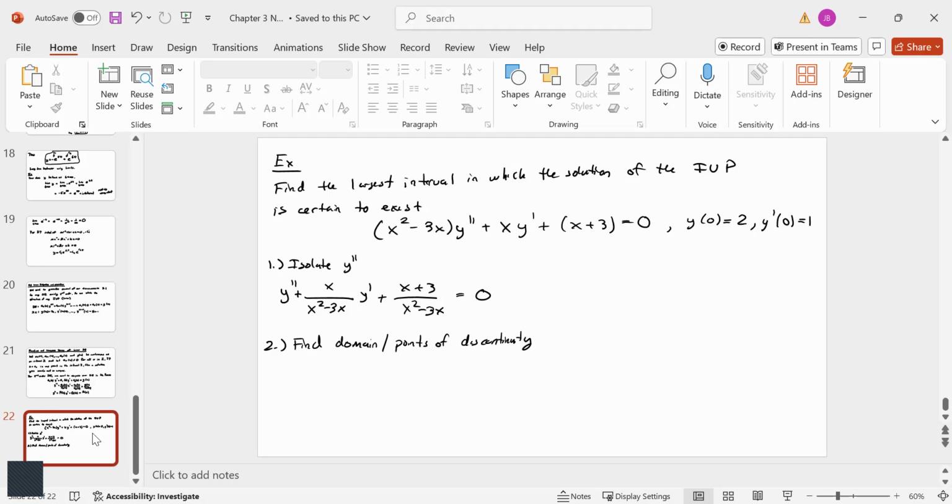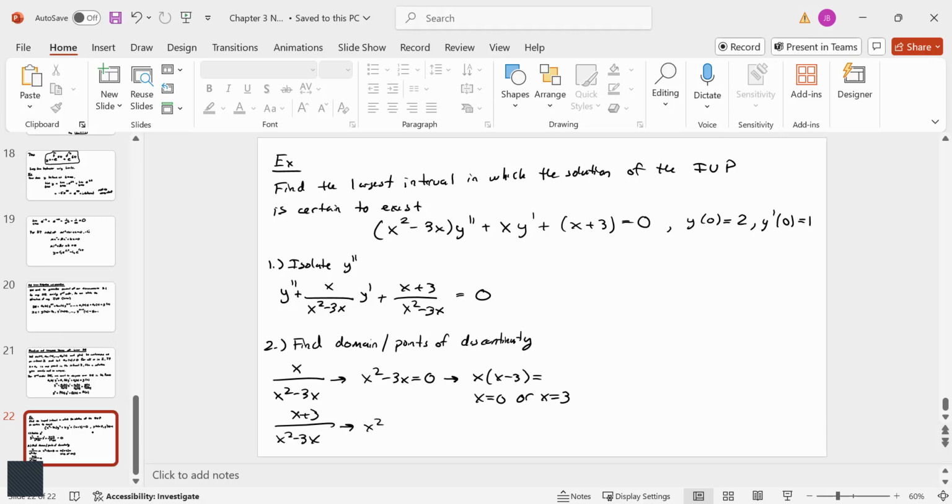So what causes division by zero is what you're really asking. You look at the first one, x over x squared minus 3x. We don't want the bottom to be equal to 0. We only look at the denominator, that's what matters. We end up getting x times (x minus 3) equals 0, so x equals 0 or x equals 3. We look at the second one, (x plus 3) over (x squared minus 3x), and we realize it's the same thing.